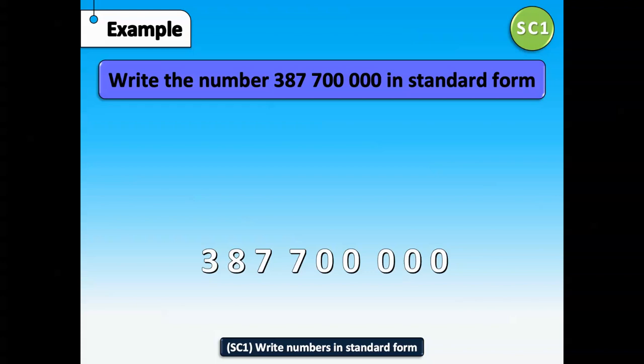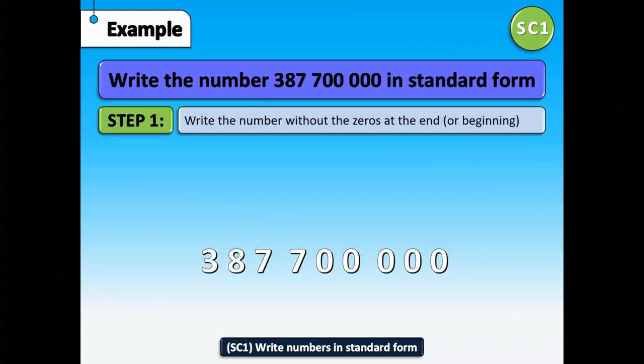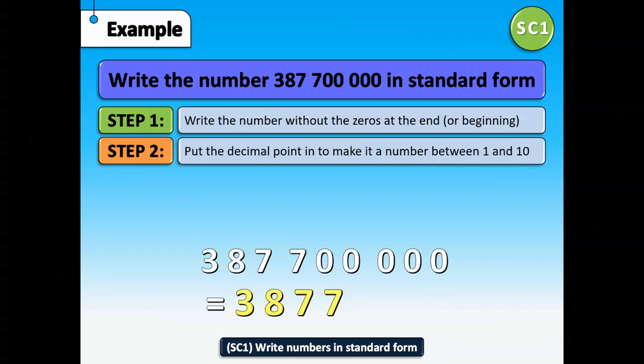So we want to write the number in correct standard form. So we write the number without the zeros at the end or the beginning. So that's 3877. Then we put the decimal point in the number to make it in between 1 and 10. So we're going to need to put the decimal point here in between 3 and 8.